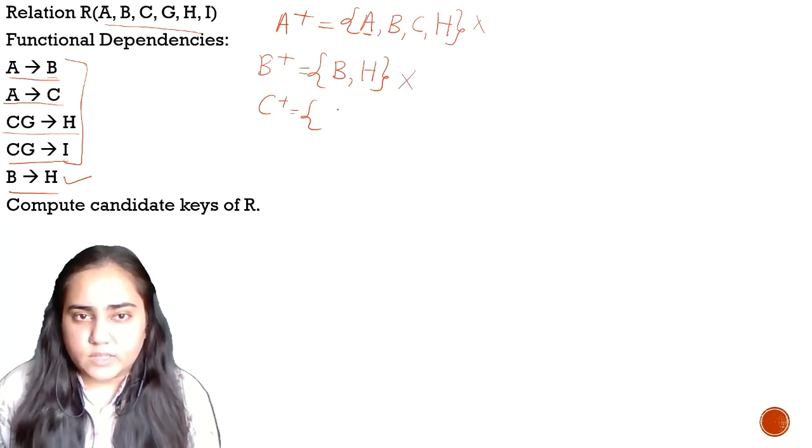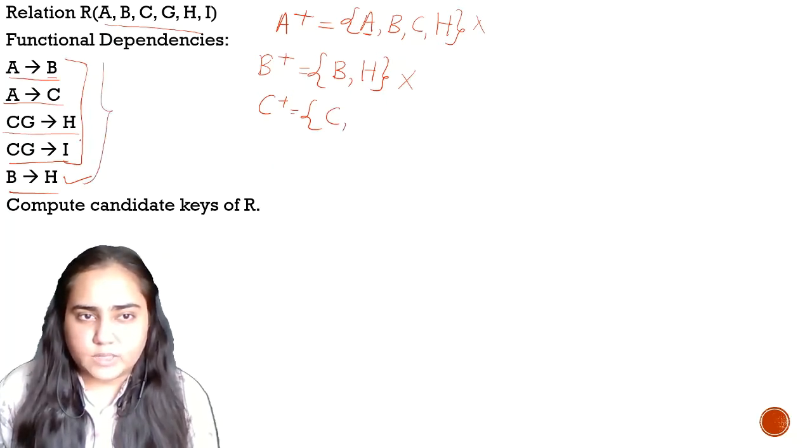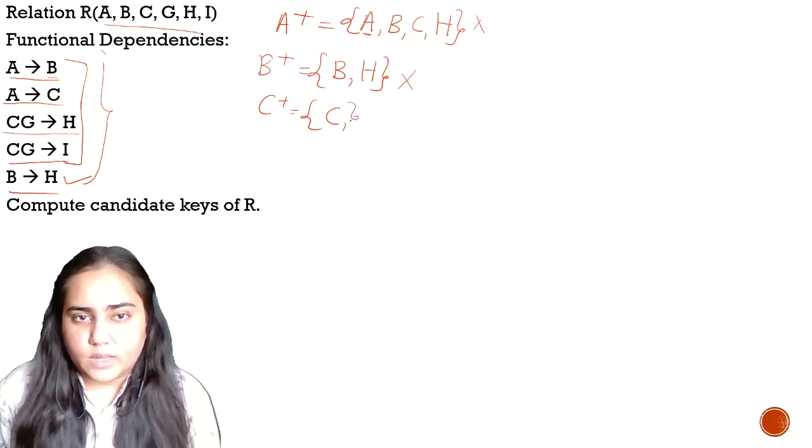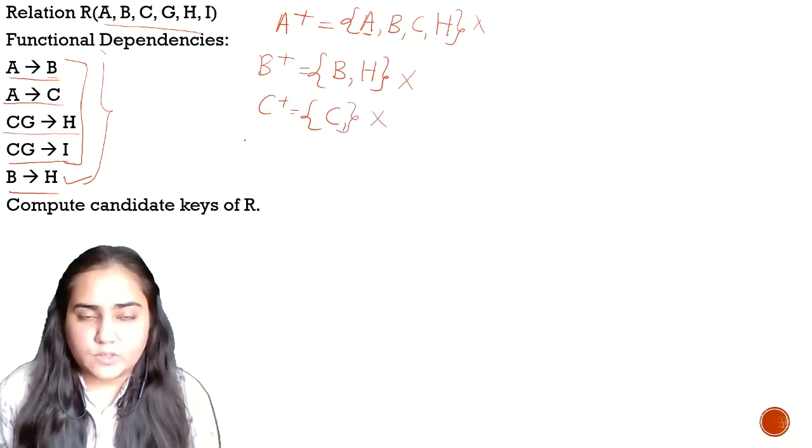Now let's try C. So this will be C itself. And then if you check all the dependencies, there is not a single dependency that contains only C on the left side. So I cannot add anything else to this. And this is not a candidate key.